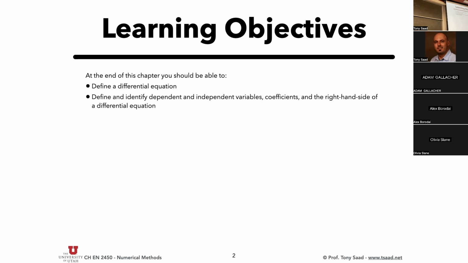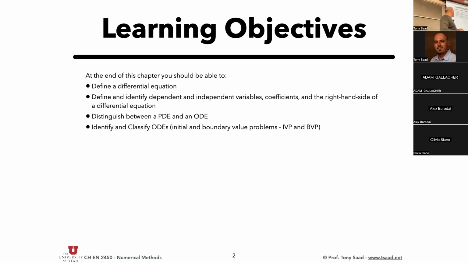Define and identify dependent and independent variables, coefficients, and the right-hand side of a differential equation. That's the nomenclature we will be using, at least from the perspective of engineering and numerical methods. Distinguish between a PDE and ODE, partial and ordinary. Identify and classify ODEs, initial and boundary value problems. We will call those IVP for initial value problem and BVP for boundary value problem.